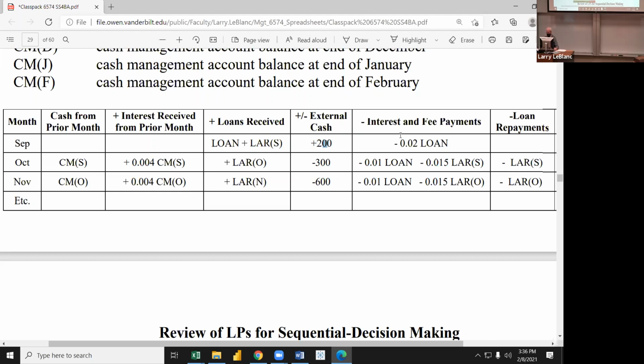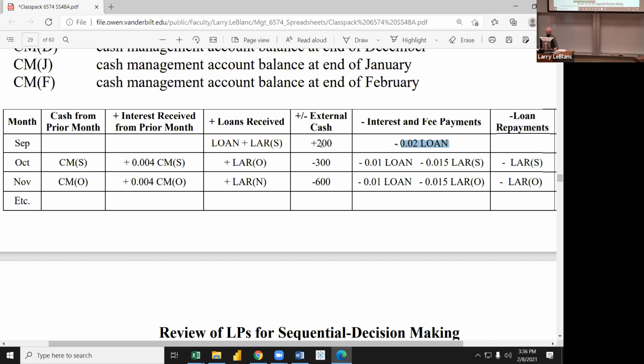The interest and fee payments are 1% plus 1% for the big loan. The big loan has a loan origination fee of 1% in the first month, September, and in addition, 1% interest for the big loan.